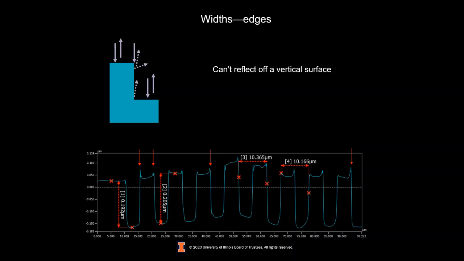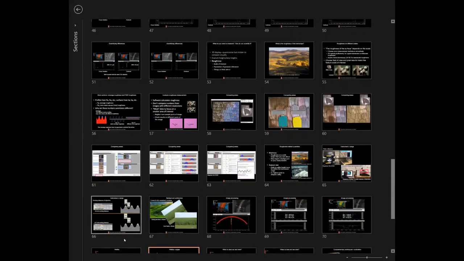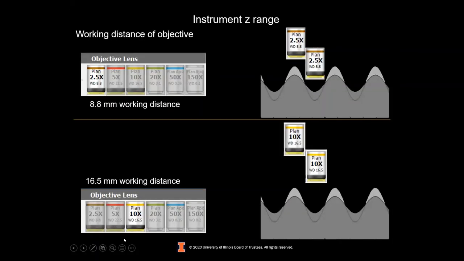So several millimeters thick. The main challenge is that your film needs to be less than the working distance of the objective. So if you want to have very high resolution and use a very, very high numerical aperture objective, you will be with a working distance on the order of 300 microns, 200 microns, and then you can only see films that are that thick.